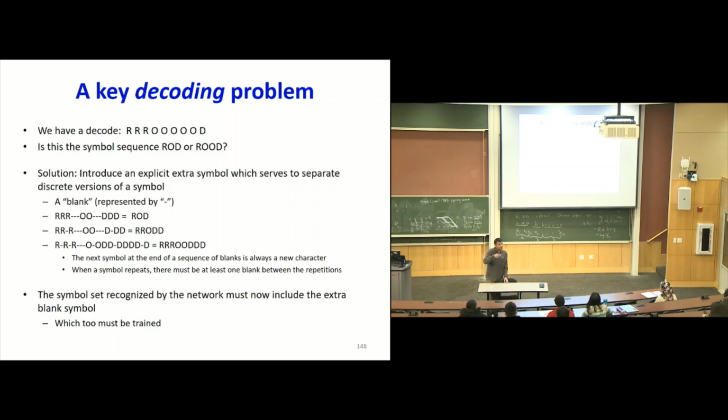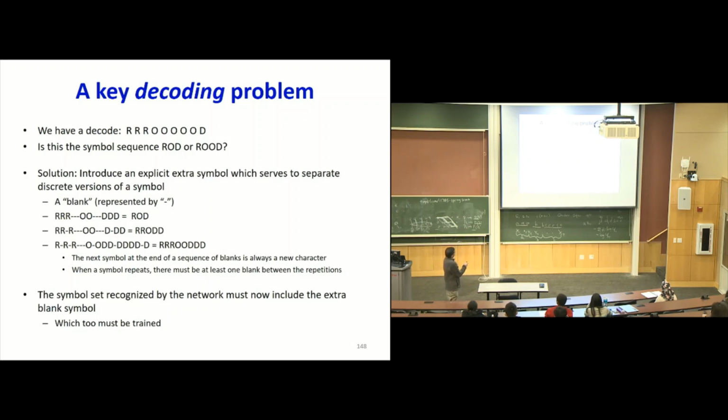But if a blank occurs between two instances of a symbol, I cannot collapse it. So for example, this guy, RRR, blank, blank, blank, OO, blank, blank, DDD, when I collapse it, the sequence of R's becomes the symbol R. The blanks disappear. The sequence of O's becomes O, and the sequence of D's becomes D.